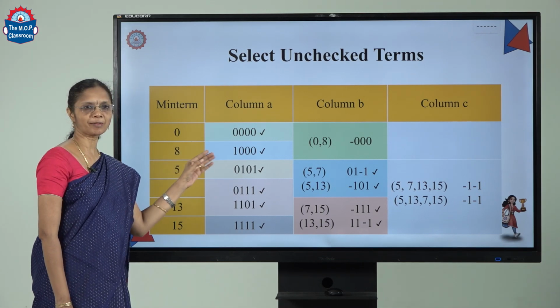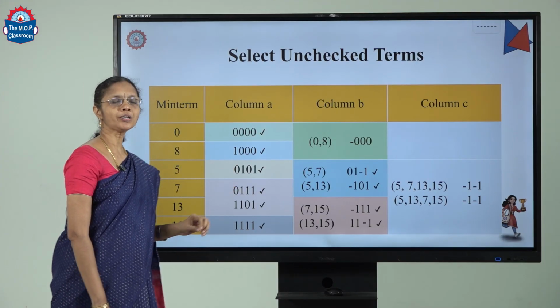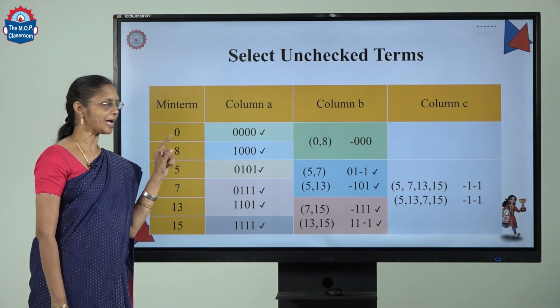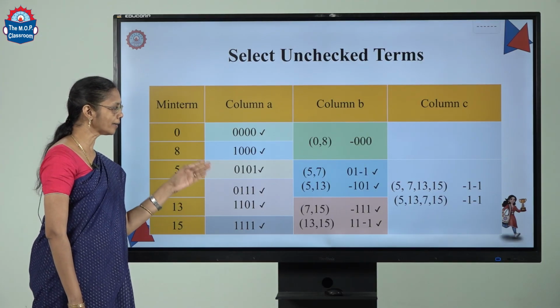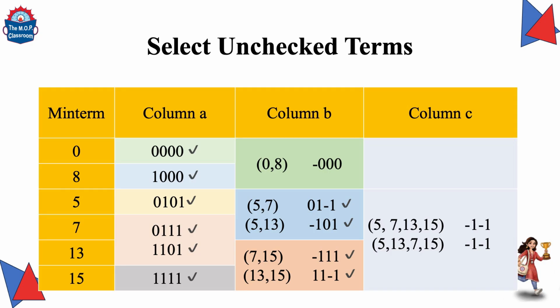So you have a check mark next to them. Then coming to column B, we were not able to do the comparison with the first group. So that is unchecked and all others are checked. And in the last group, we just have dash 1 dash 1 and even for 5, 13, 7, 15, you have dash 1 dash 1.